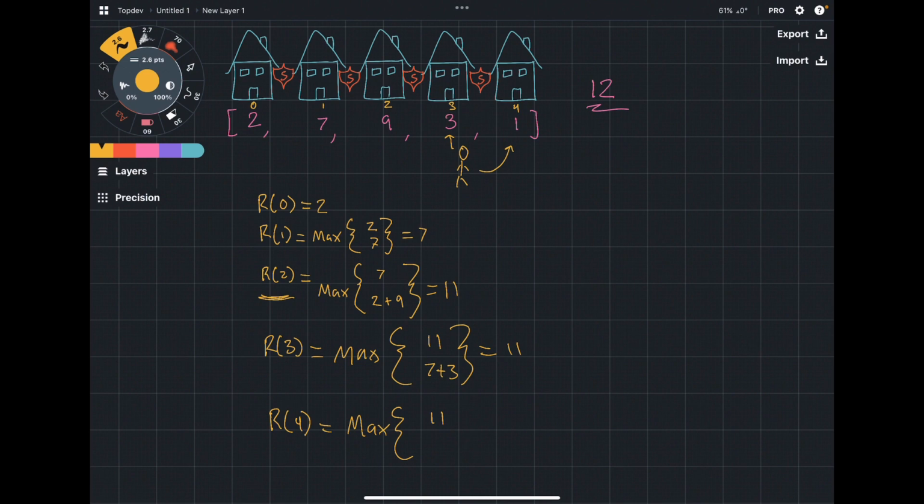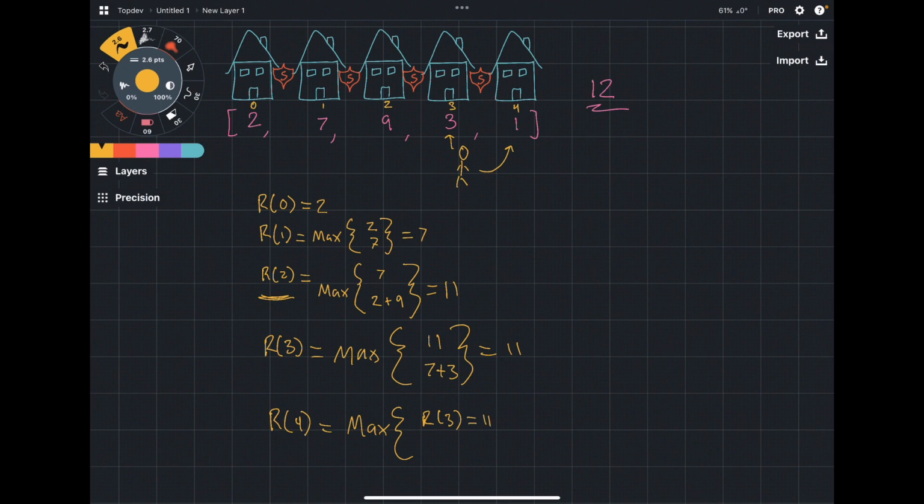So I could either calculate the new max, if you will, the new profit from 4, or I could stick with number 3. Well, I'm going to say number 11, which is really the same as R3 here, which is equal to 11.